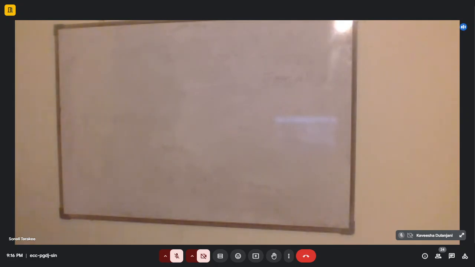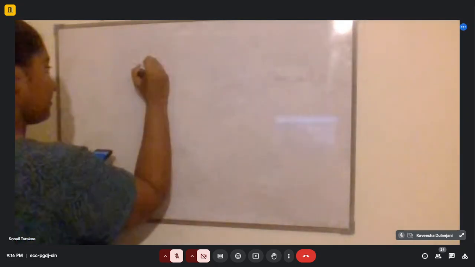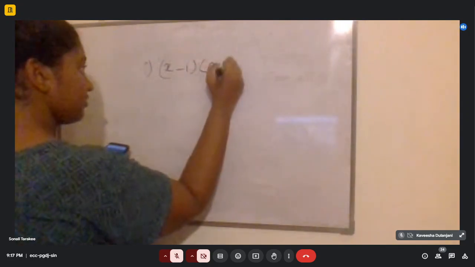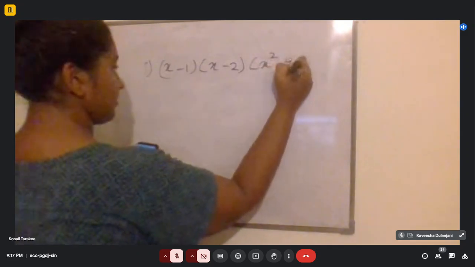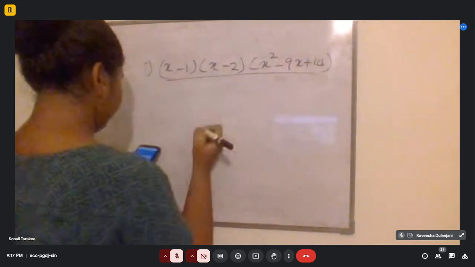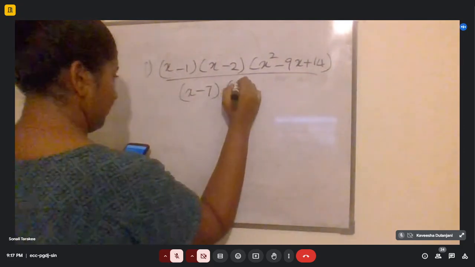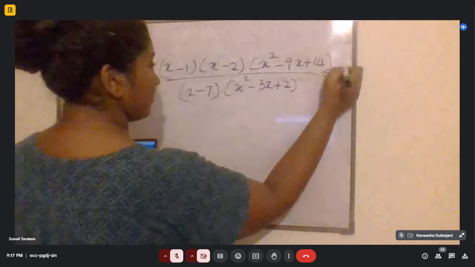Next one is solving the equations. First one, x minus 1, x minus 2, x squared minus 9x plus 14 over x minus 7, x squared minus 3x plus 2 equals 0.